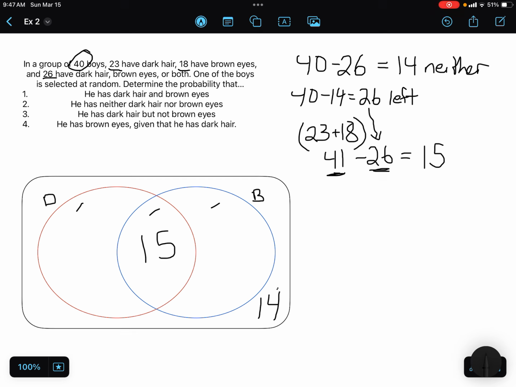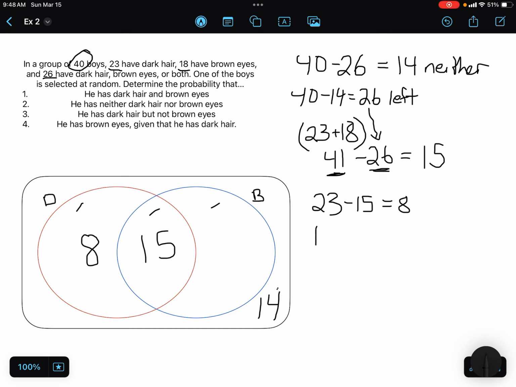So now we're going to establish our singles, our ones who only have dark hair or only have brown eyes. Okay, so we know that 23 kids have dark hair, but 15 of those fall into both categories. That leaves us with 8 kids who only have dark hair.